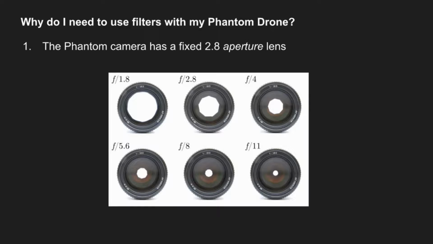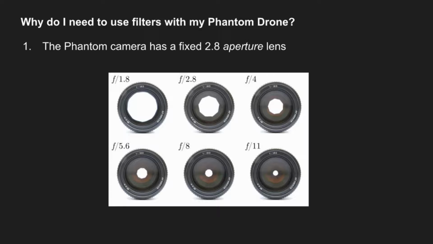So why do we need a filter with the Phantom drones? Or more specifically, any drone that has a fixed aperture. Now if you look at this slide here, you'll see various apertures, various diameters of apertures for lenses, and it shows you the f1.8, f2.8. The Phantom camera is fixed at 2.8, and so you see the size of the diameter of the lens.